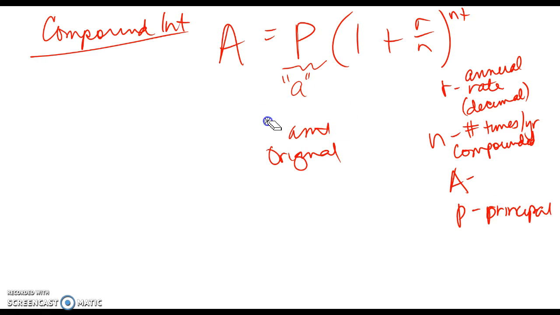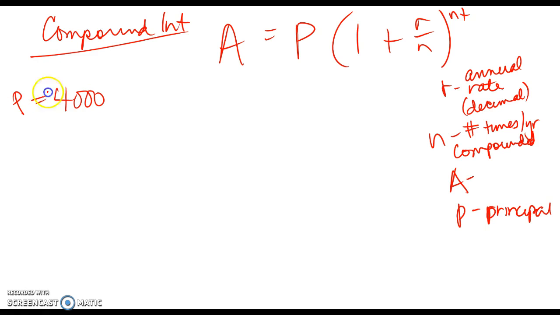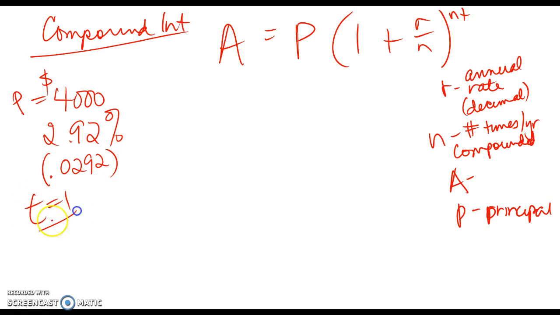So I'm going to get rid of this. Let's say I deposited $4,000, that's the initial amount, P, in an account that pays 2.92% annual interest. So as a decimal, that's 0.0292, isn't it? Find the balance after 1 year, t equals 1, if interest is compounded quarterly.